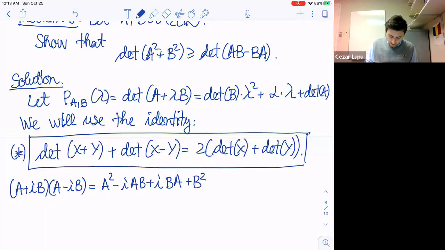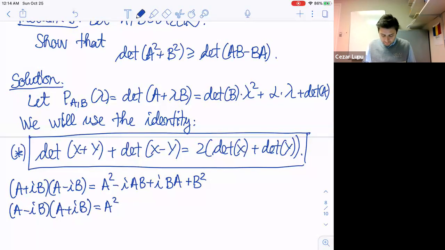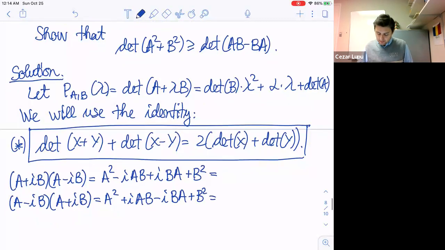And also, the other way around, if we multiply a minus ib times a plus ib, this will be a squared plus iab minus iba plus b squared. In any case, we will have a squared plus b squared plus i times ab minus ba.